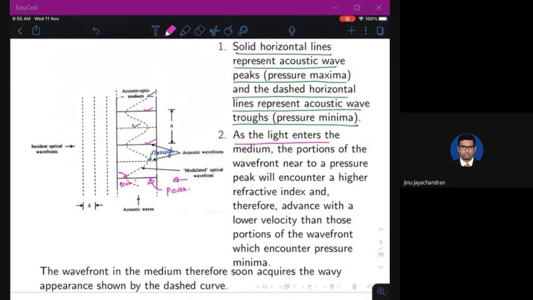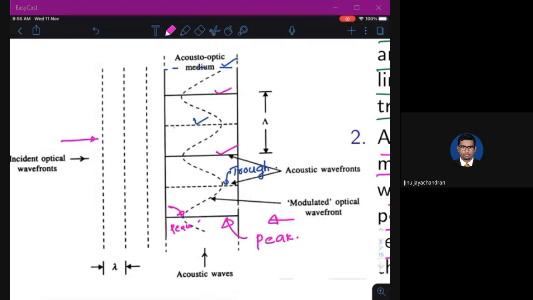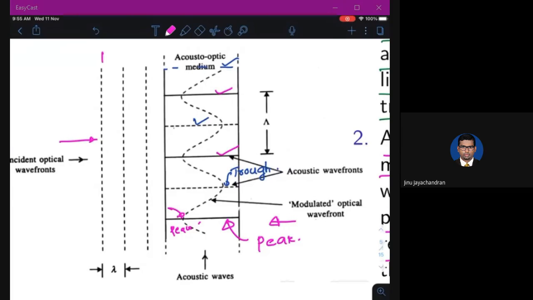as the wave enters the medium, the portions of the wavefront near the pressure peak will encounter a higher refractive index and therefore advance with lower velocity than those portions of the wavefront which encounter pressure minima. So your optical wave is coming like this with the wavefront. Okay, so assume that these are all the portions where you have maxima for the optical wave.